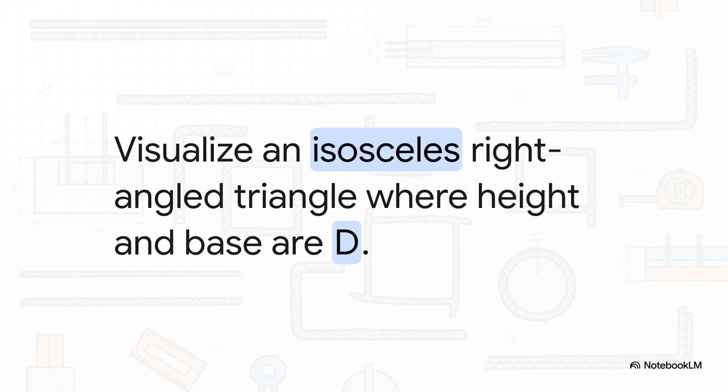To figure out the cutting length of that bent, inclined portion, we have to lean on a little bit of geometry. So, visualize an isosceles right-angled triangle in your head. The vertical height, let's just call it d, is the center-to-center distance between the top and bottom main bars. Because the bend is exactly 45 degrees, the horizontal base of this triangle is also exactly equal to d.